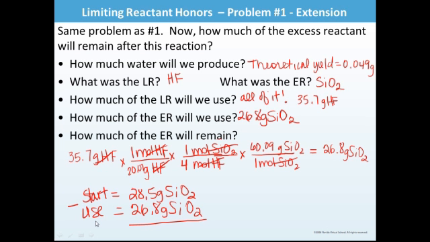So 28.5 minus 26.8, so I have 1.7 grams. So I get 1.7 grams of SiO2 will remain.